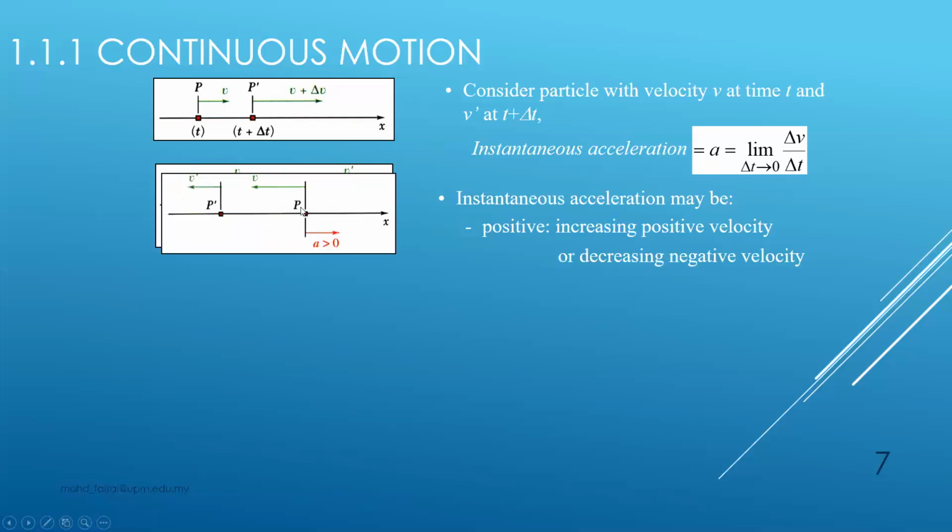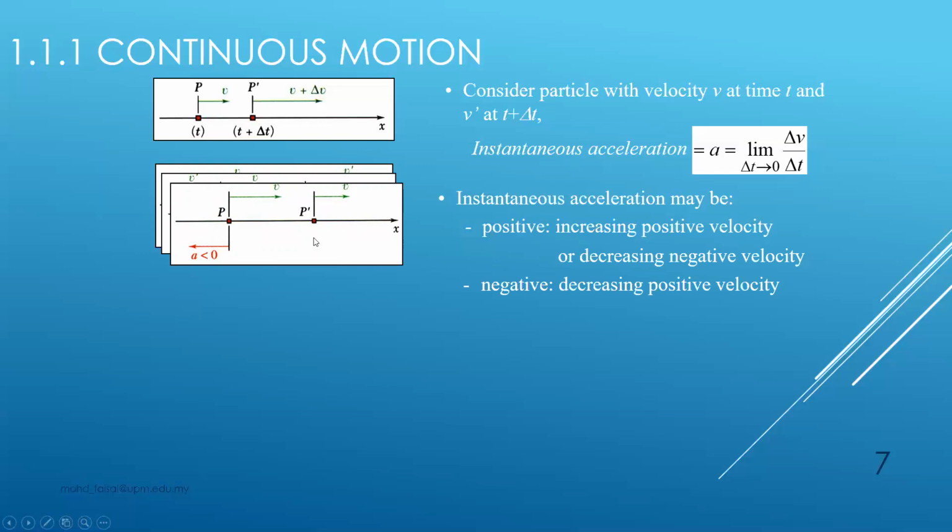But if it moves in the reverse direction, what a decreasing negative velocity means is that the velocity at P is, let's say, 10, but at point P prime the velocity is decreasing, becoming 8, for example. So if you do the maths, it becomes a positive value for the acceleration.